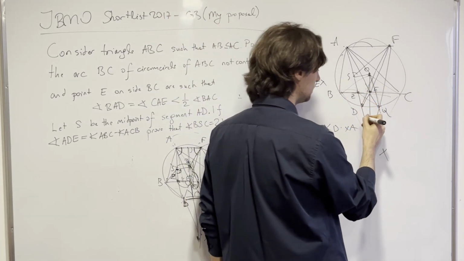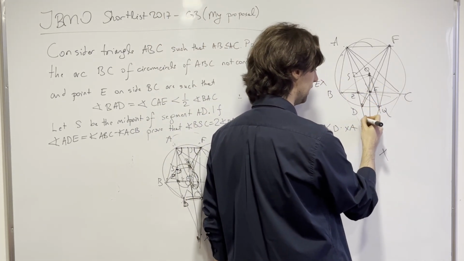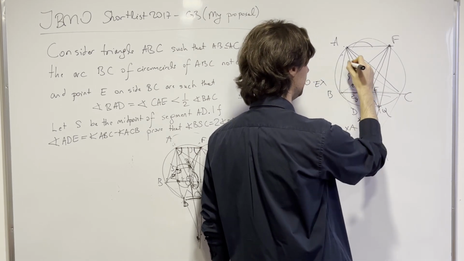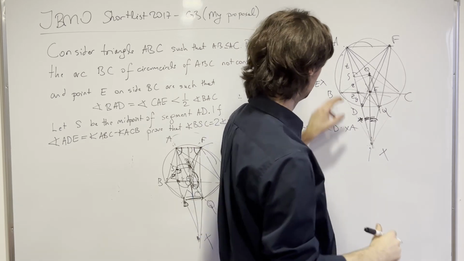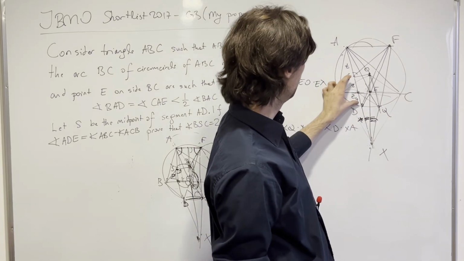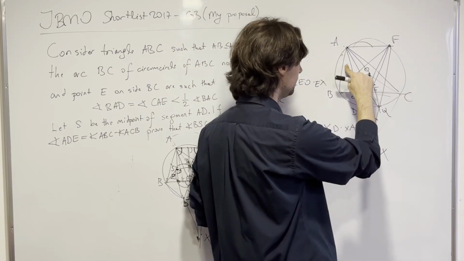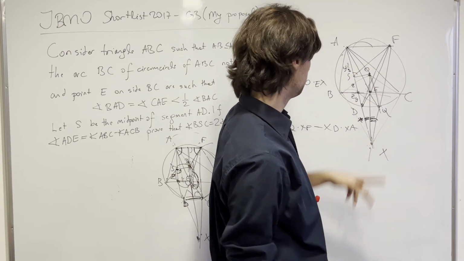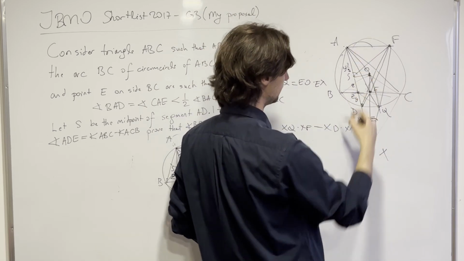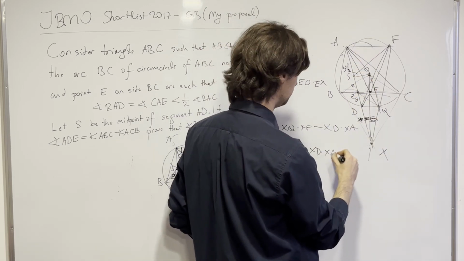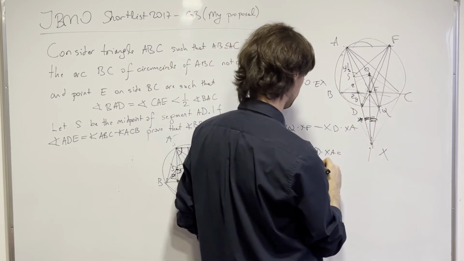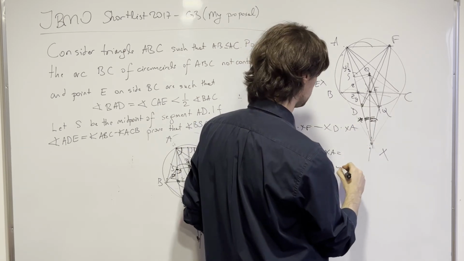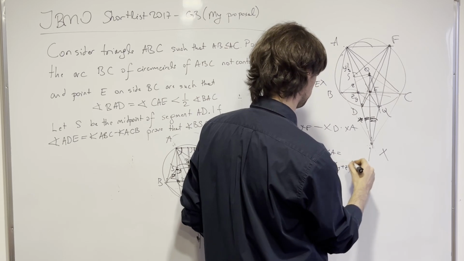Because what you get is, you call this segment of length x, call this of length y, z, and t. Now, mind you, S is the midpoint of AD, so t is actually y plus z. Now, what is the power of a point here? XD times XA is equal to small x times (x plus y plus z) times 2.